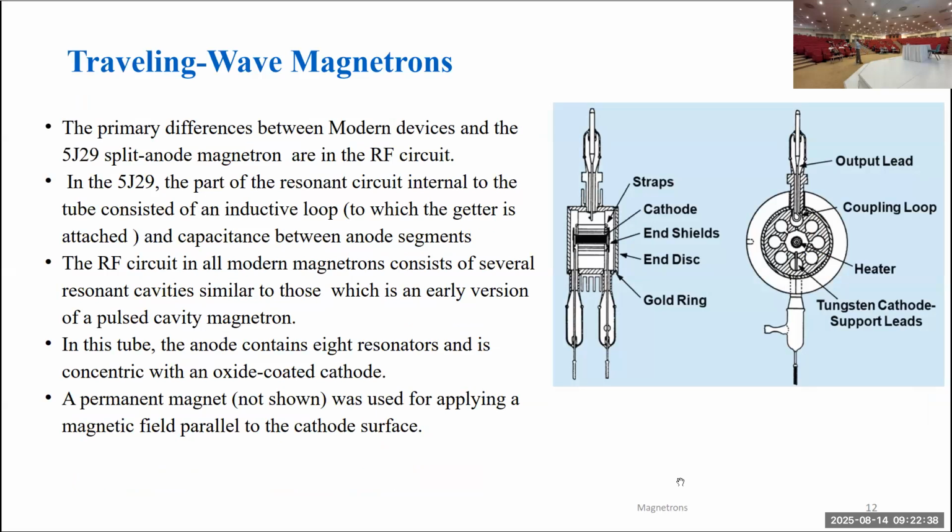Its structure is like that one, as I have already explained: there is a cathode, electrons revolve here, and there are resonant cavities. In next slides, we shall discuss how these resonant cavities define the RF frequency.